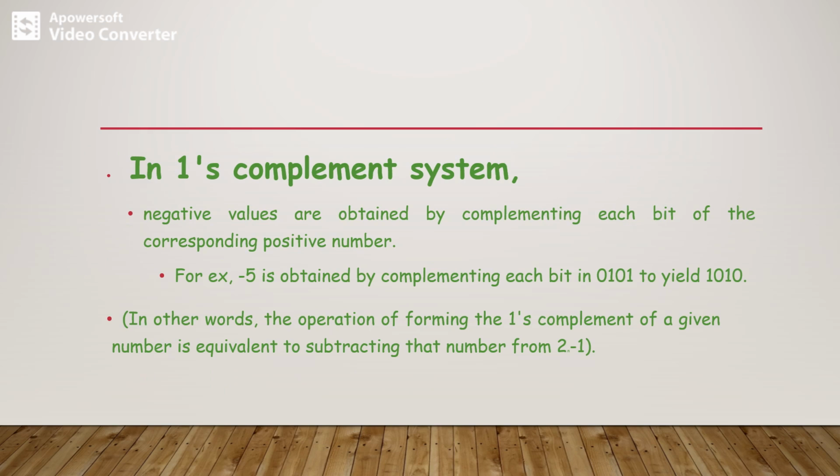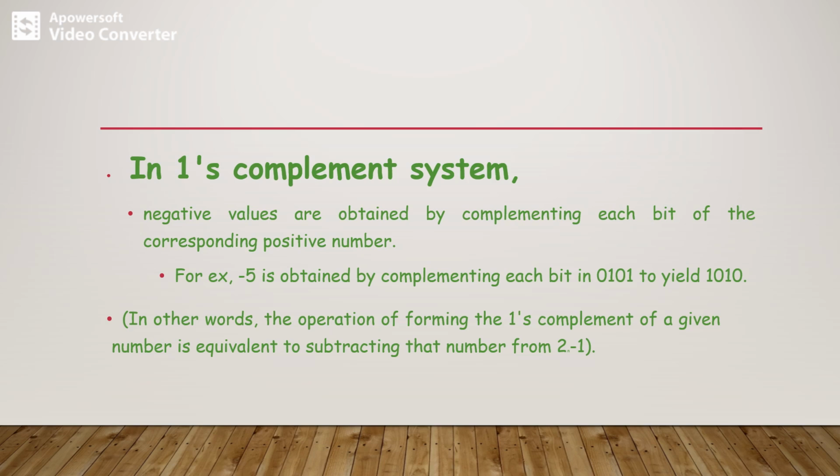Next comes the ones complement system. Negative values are obtained by complementing each bit of the corresponding positive number. For example, minus 5 is obtained by complementing each bit in plus 5.